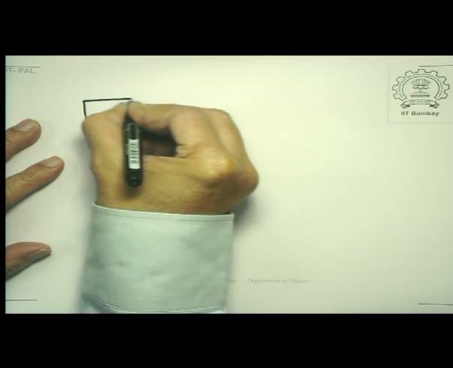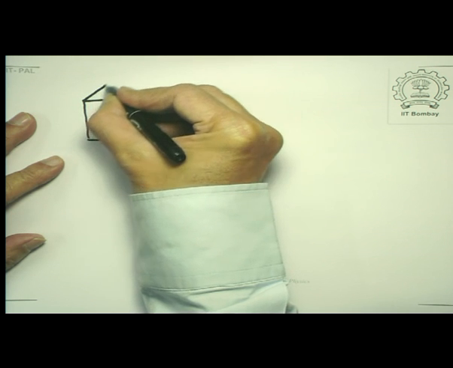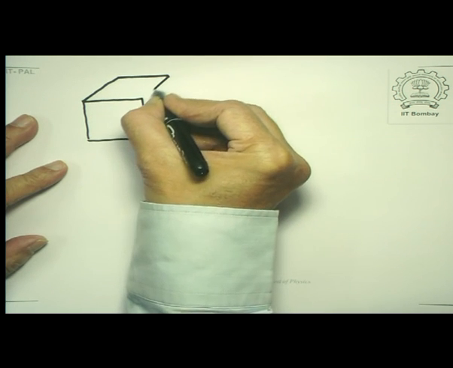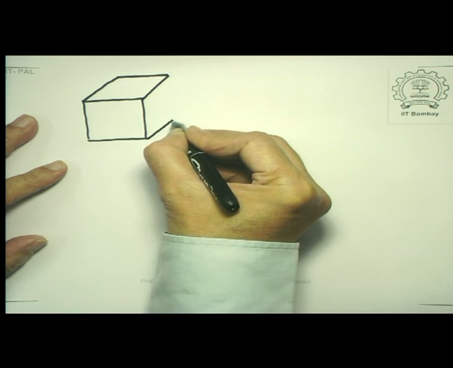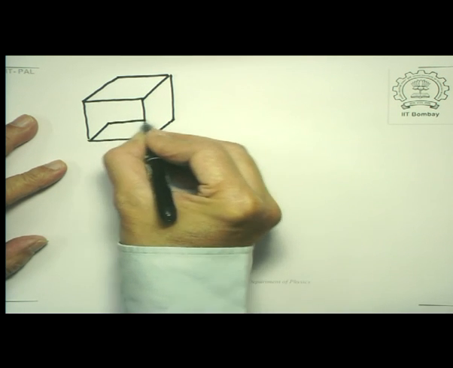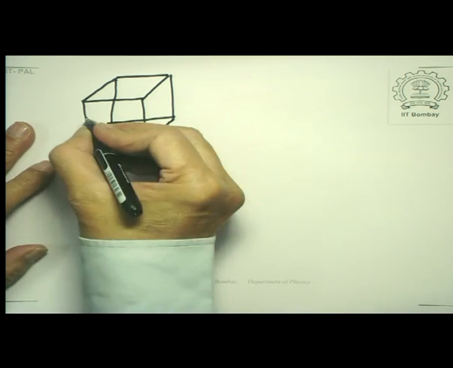To illustrate this, let me consider a cubical network of 12 conductors. So let me draw this. I will not be showing the resistances with wiggly lines, but I will assume that each of the 12 arms of the cube has a resistance of R, and let us name them.